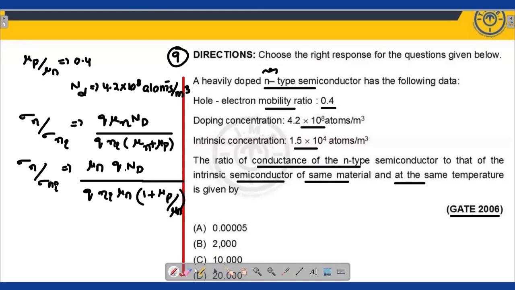So here this thing and this thing will get cancelled out. Q gets cancelled out.